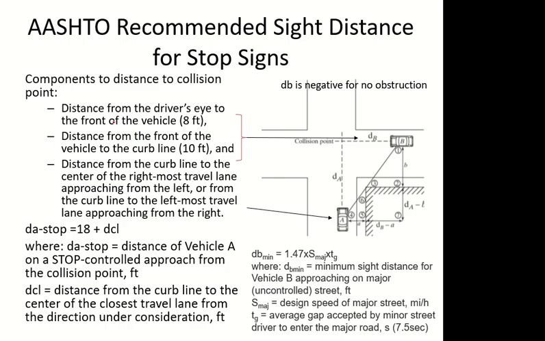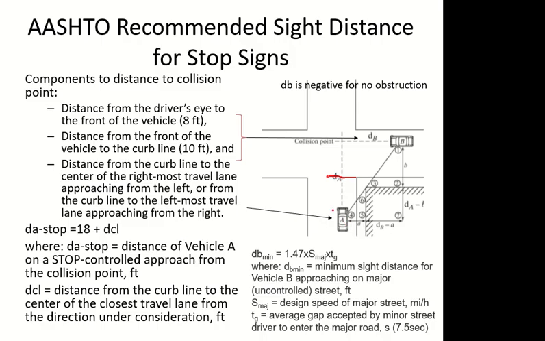So the 18 feet is 8 feet, which is between the driver's eye to the front of the vehicle. So driver is here till the front is 8 feet. And then distance from the front of the vehicle to the curb line, this curb line. So he will basically stop 10 feet before the curb line. So this is the 18 feet.